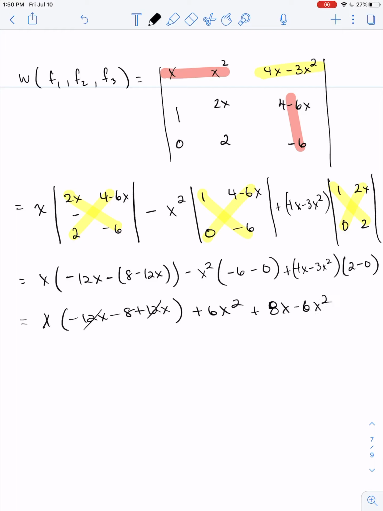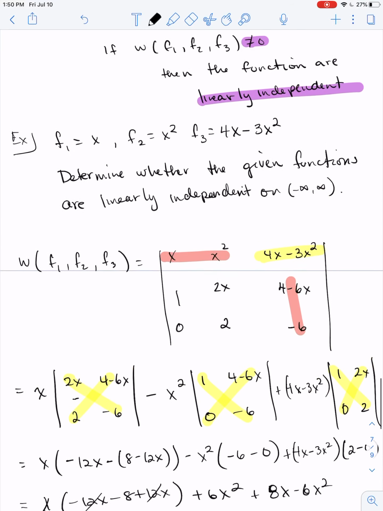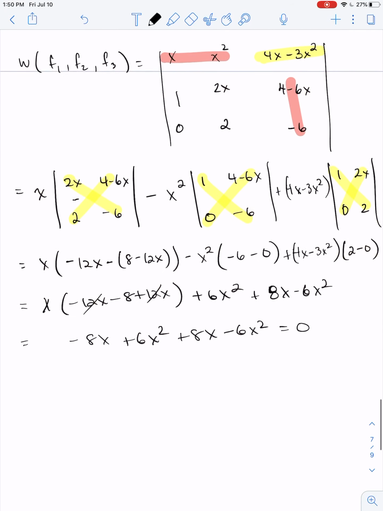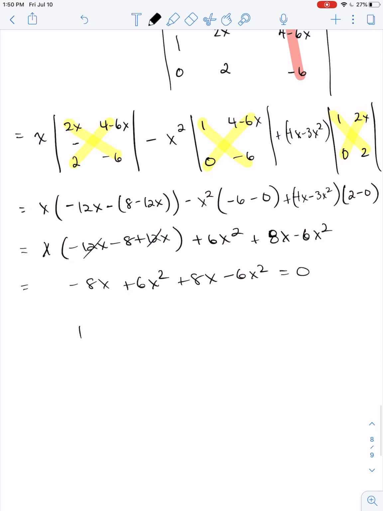You can cancel those two out. You'll get a negative 8x plus 6x squared plus 8x minus 6x squared, and this winds up being 0. So because it's 0, if you go back to my rules, this would be linearly dependent. So the family of functions is linearly dependent.